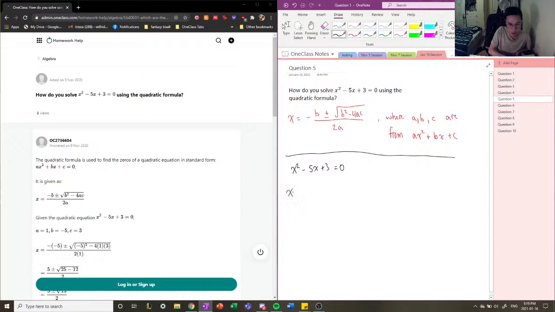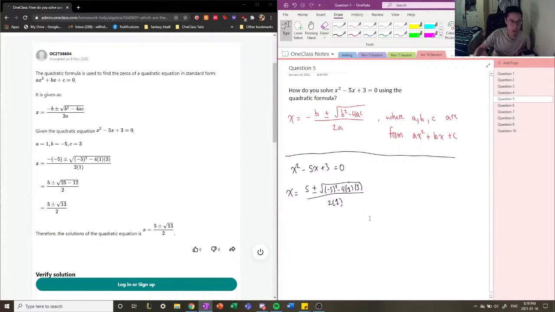And we're going to use x equals negative 5, or sorry, positive 5, plus or minus the square root of negative 5 squared minus 4 times 1 times 3, divided by 2 times 1.